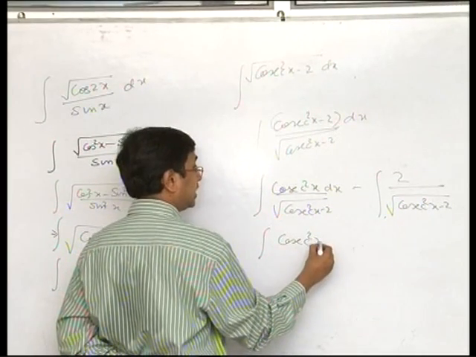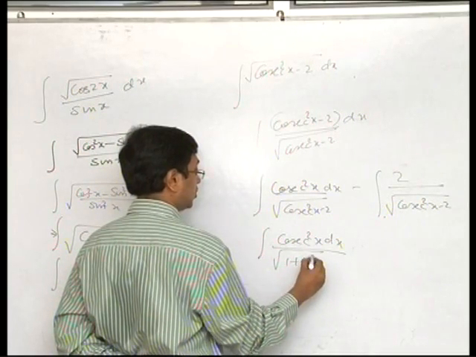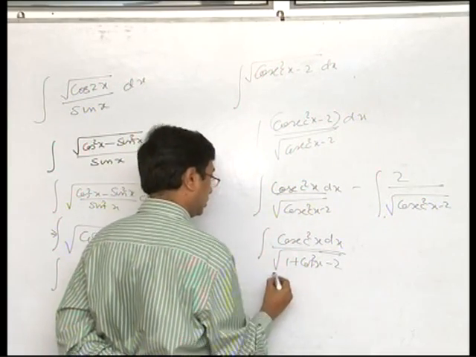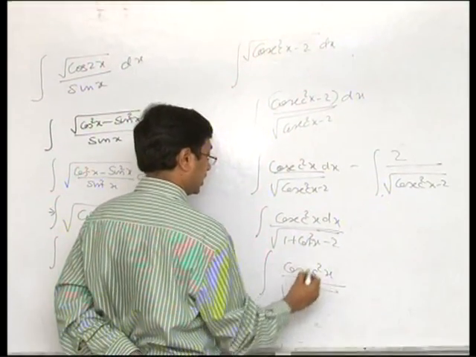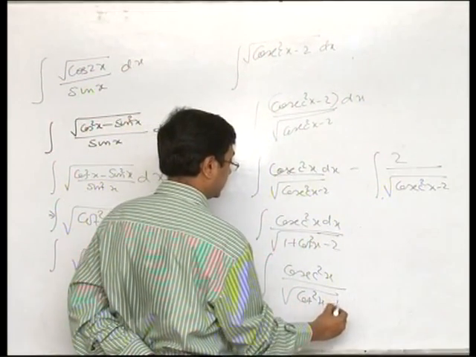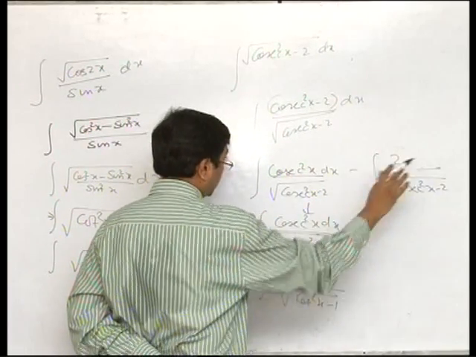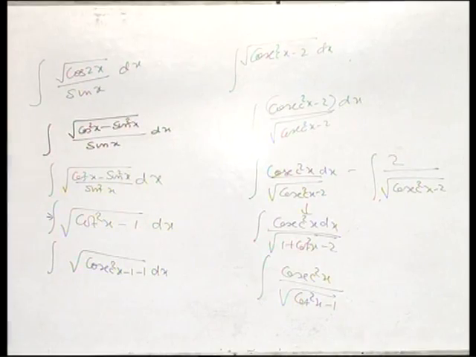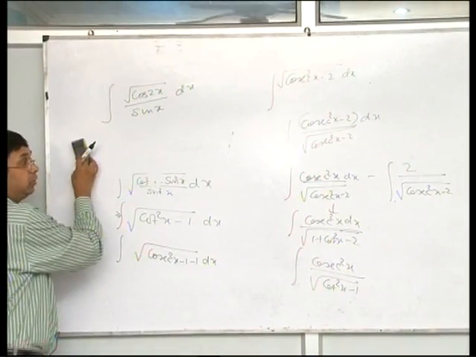Cosec square x is the derivative of what? Cot. So 1 plus cot square x minus 2, that is cosec square x upon cot square x minus 1. I've already integrated this in the last example, so we are not discussing it anymore.